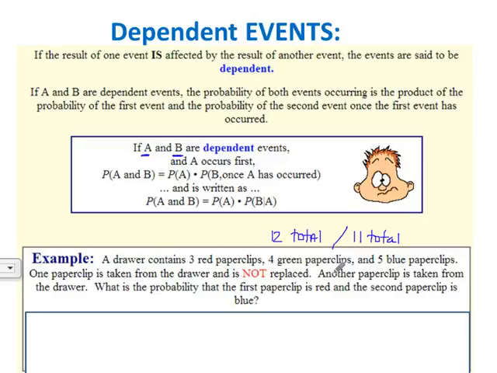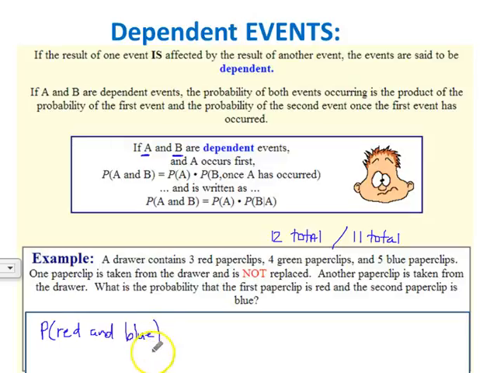What we want to do is find the probability that when we reach in for the first time we get a red paper clip, and then when we reach in for the second time we get a blue paper clip. Remember, when we don't put that paper clip back, we're changing the total amount of paper clips we have to choose from. So let's find the probability of getting a red and blue, but we're not replacing.